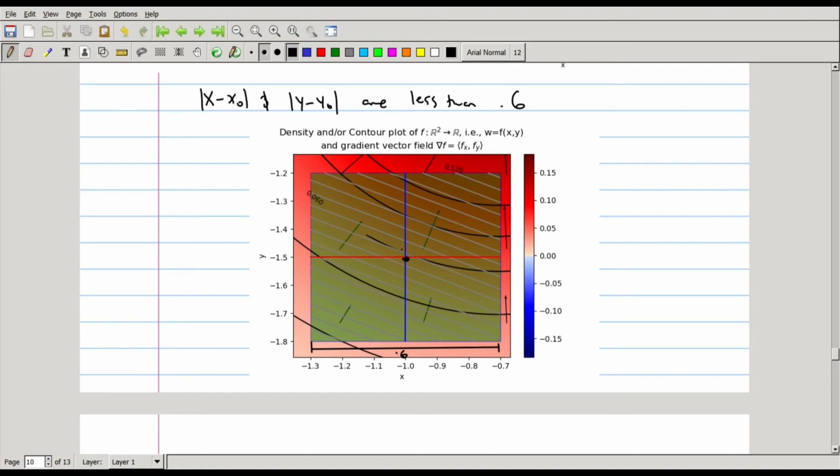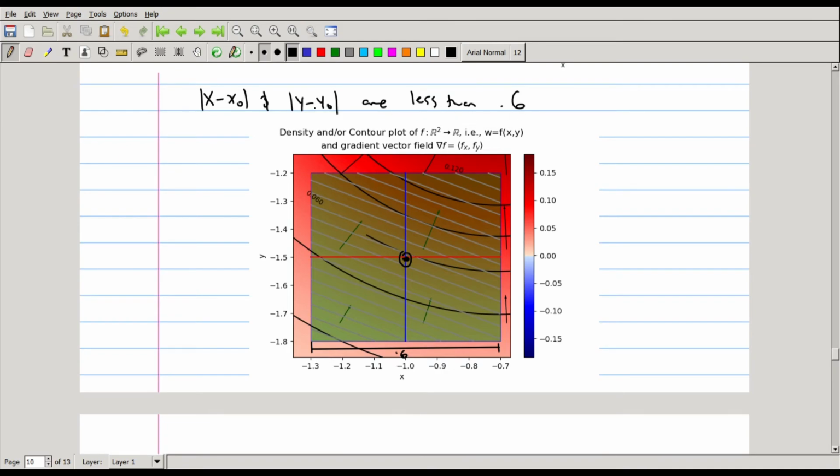However, if we stay close to our point, as we expect, the level curves of the linearization directly correspond to the level curves of the function, which is the idea with what's called a linear approximation. The closer you get, the closer you expect the linear approximation of your function to match up with the actual function values itself.